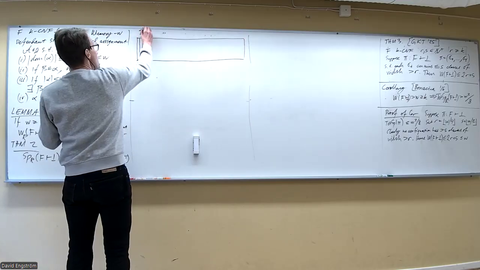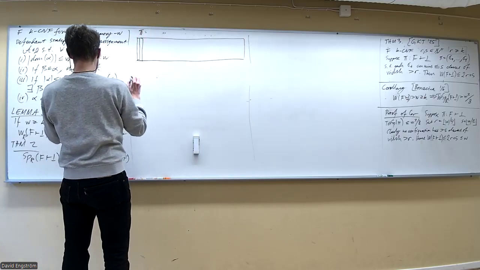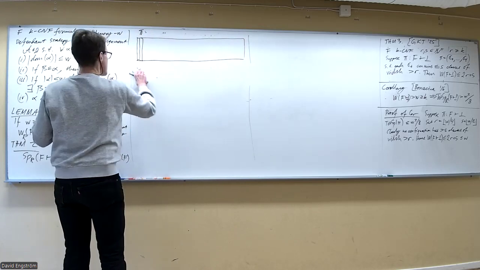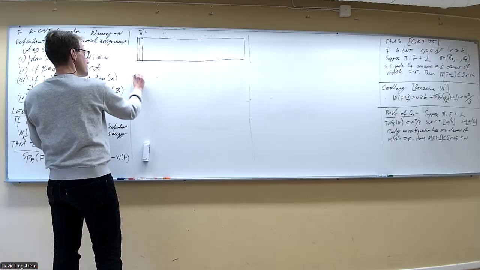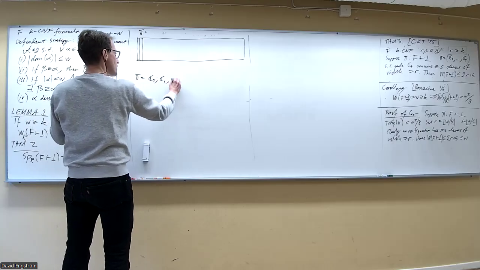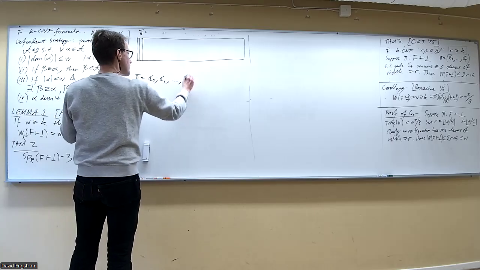So this is pi. Let me give some room. Pi: C0, C1, up to C tau.